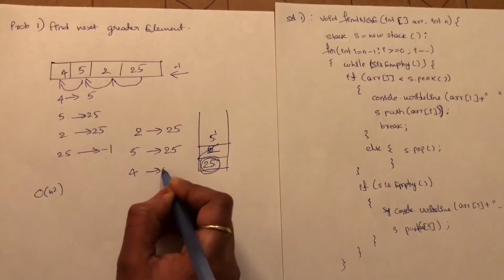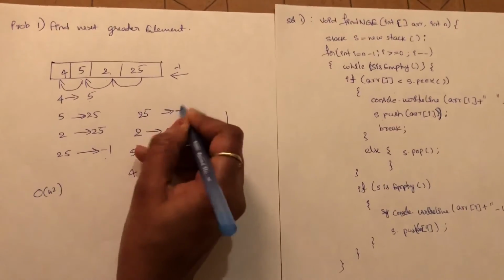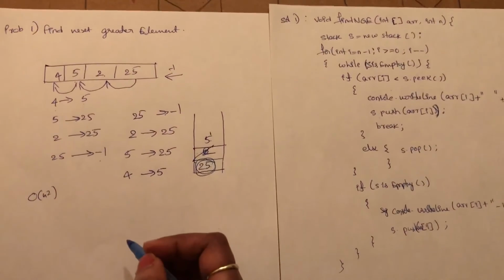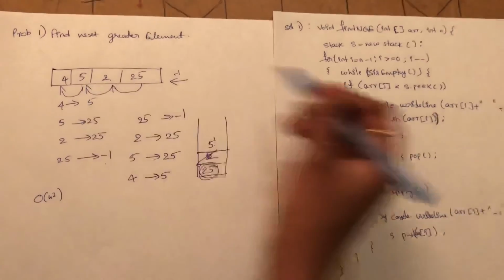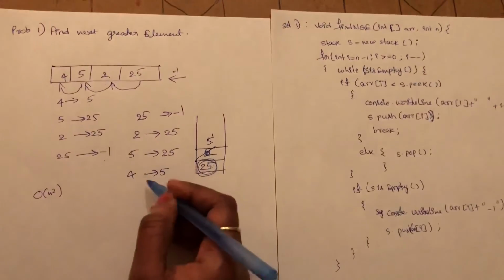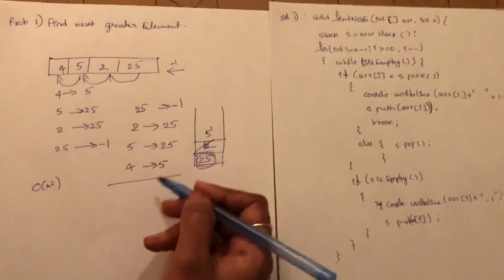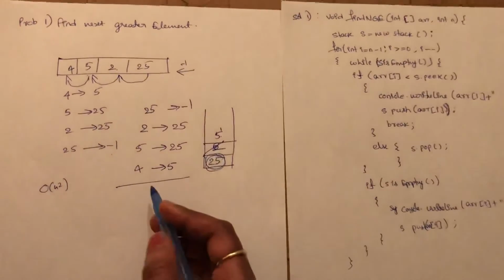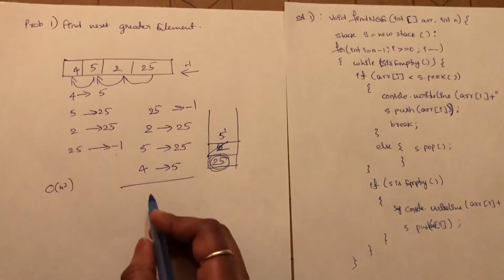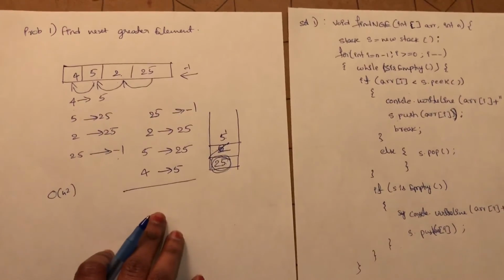So for 4, the immediate next greater element is 5. For 25, the default -1 is the next greater element. Then the iteration becomes -1. So by the end of the loop, we have printed the next greater element for each and every element in the array. So this is my approach.